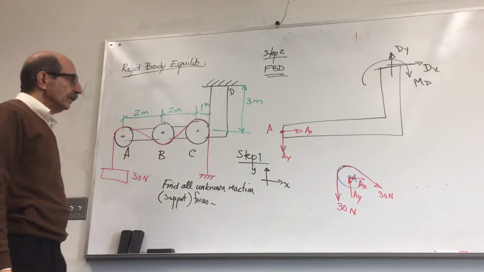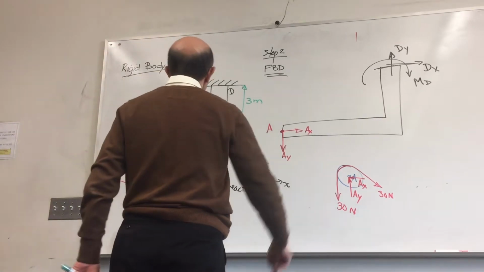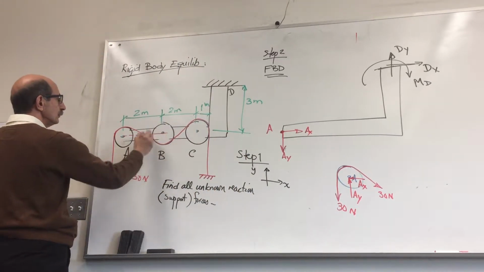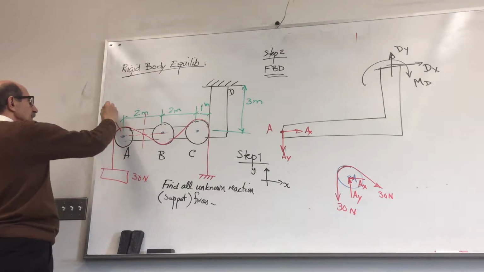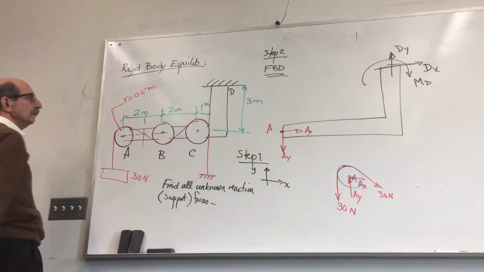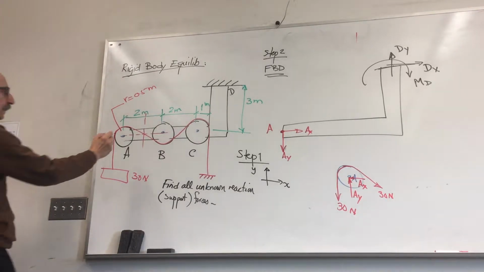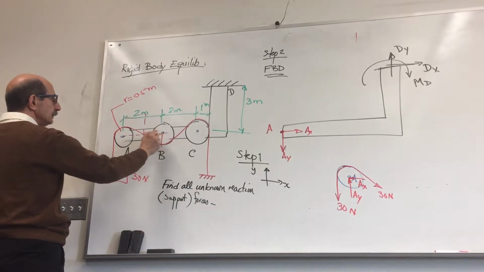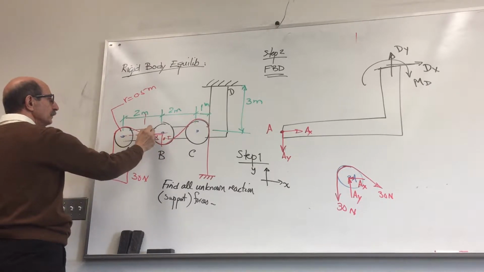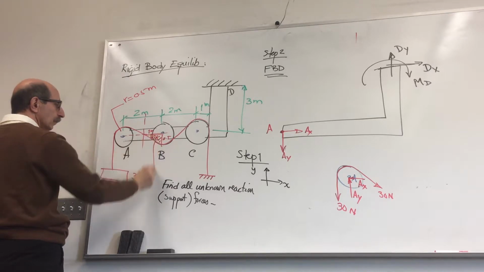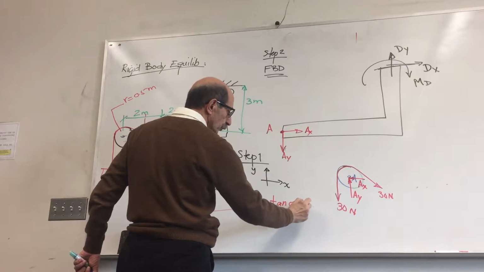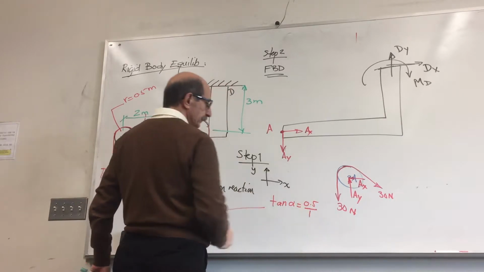Of course, it's not difficult to find these forces. If I connect these two, and let's say the radius of all of these pulleys is 0.5 meter, I can find this angle alpha. This is 0.5, this is 1 meter. So in this triangle, tangent of alpha is 0.5 over 1.